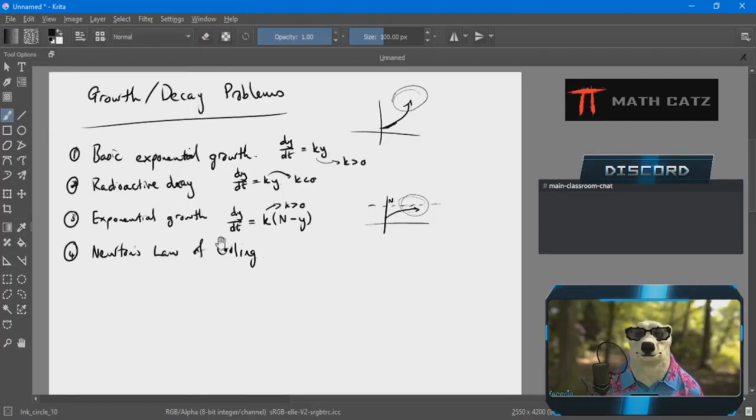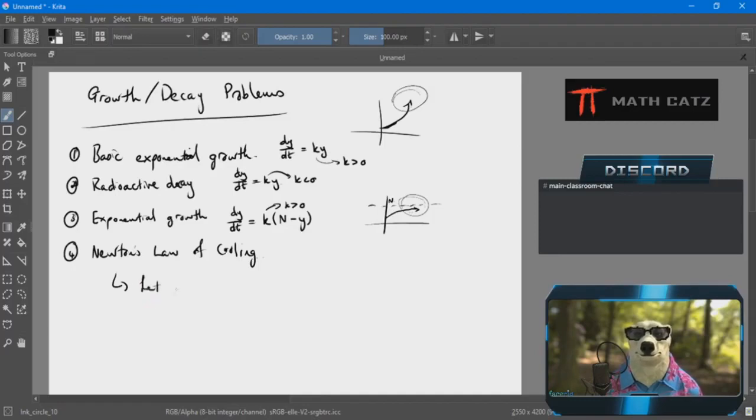So let's see what that says. Let's just write it over here. Newton's law of cooling says if I have like a cup of coffee that's really hot and I want to leave it out to cool.